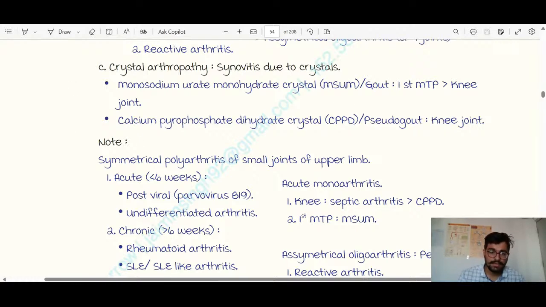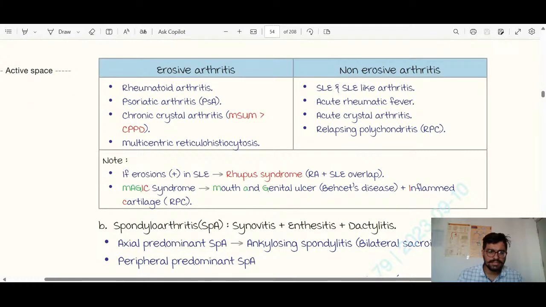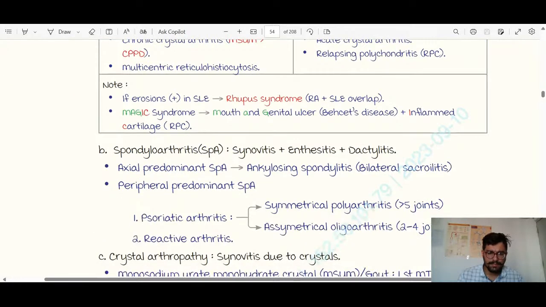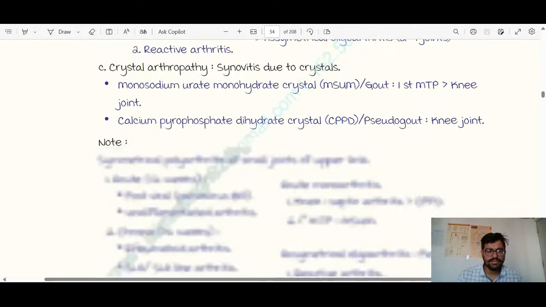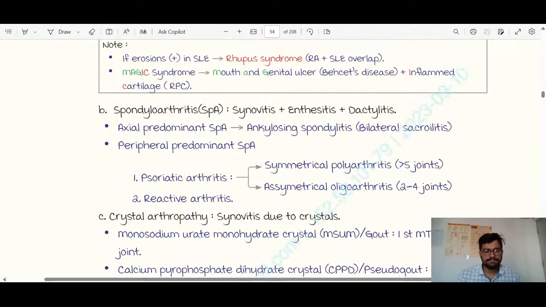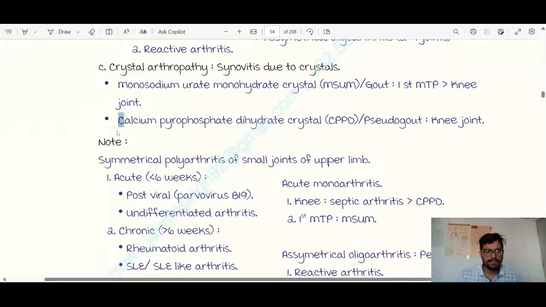We have seen this, so what is the full form of MSUM? MSUM stands for monosodium urate monohydrate crystal, and CPPD is calcium pyrophosphate dihydrate crystal.